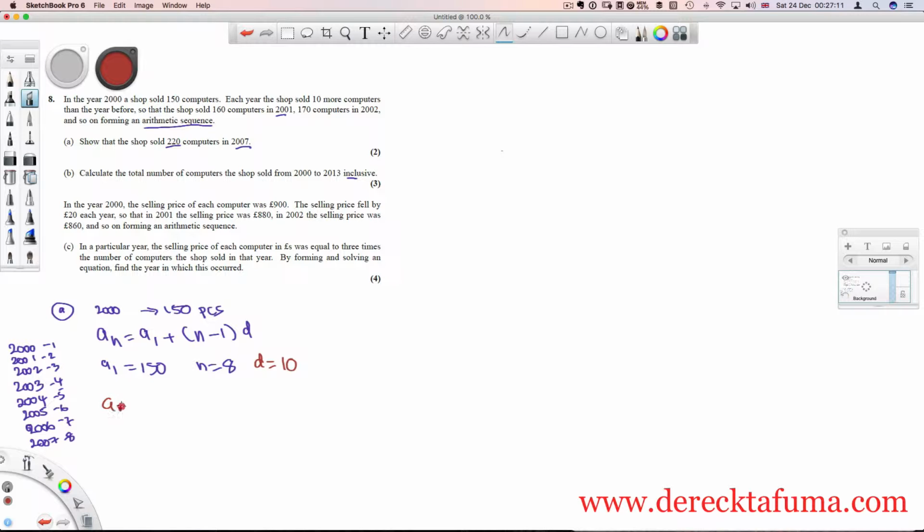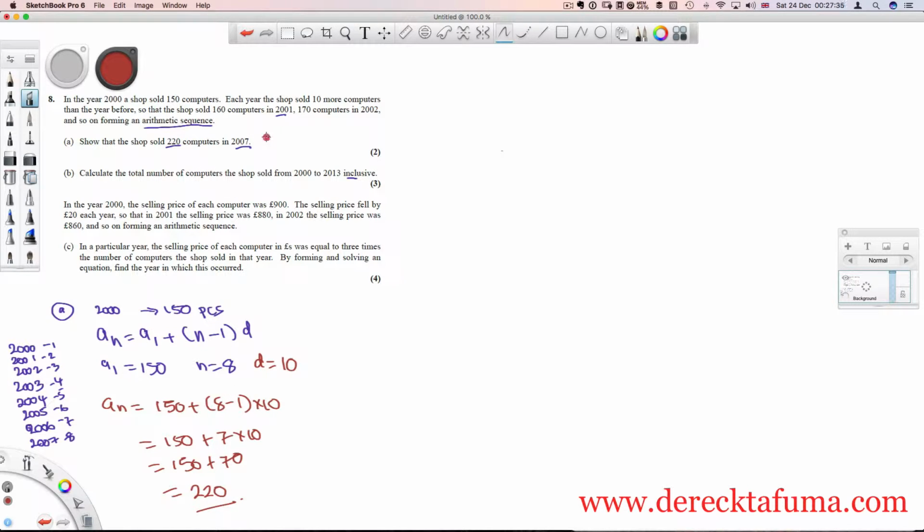So basically A sub n is 150 plus (8 minus 1) times 10, which is 150 plus 7 times 10, which is 150 plus 70, which is 220.